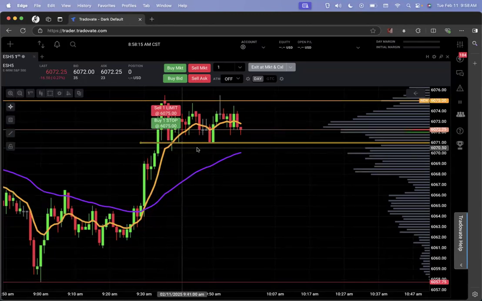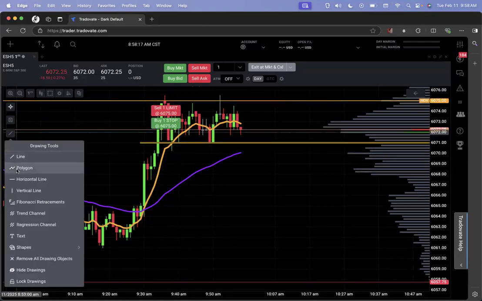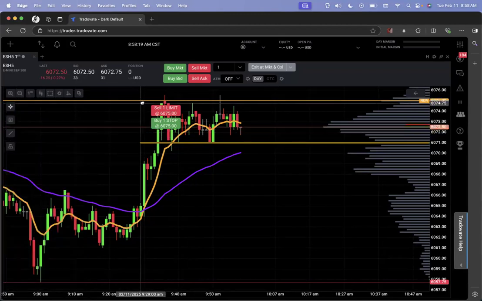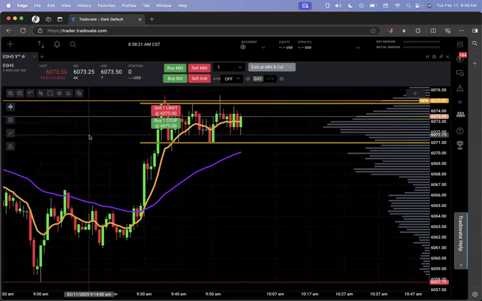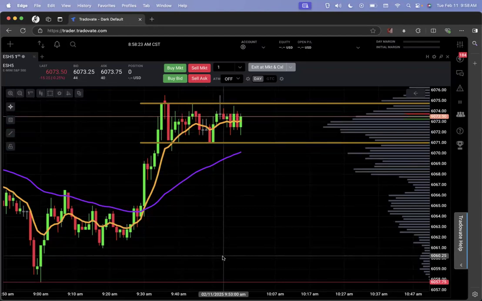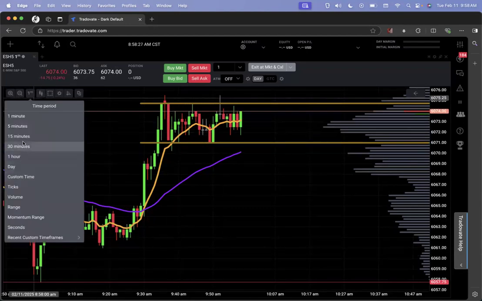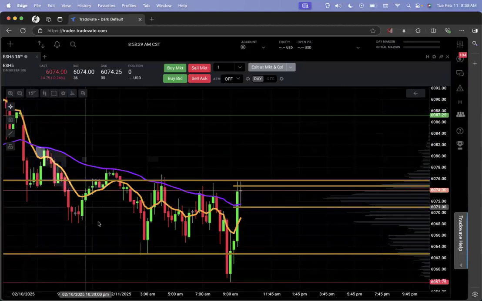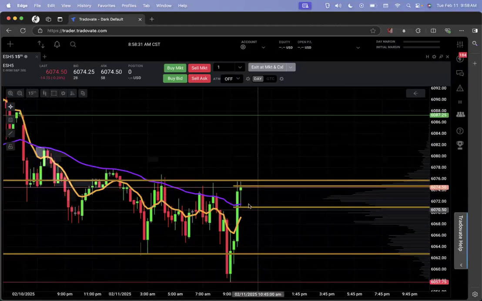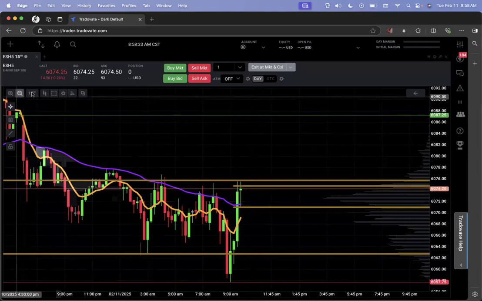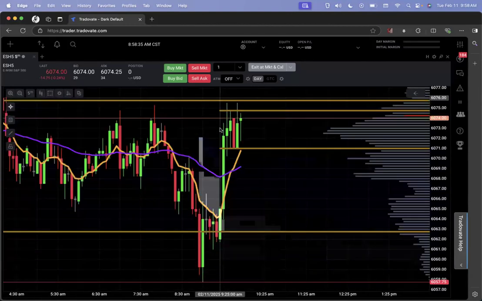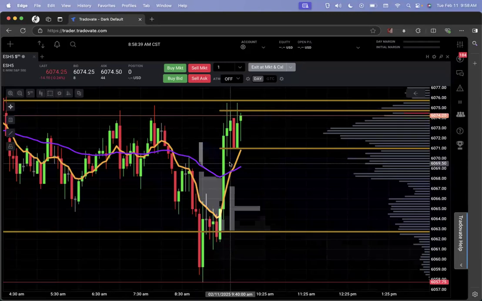Let's see, put that there. Great. So now we have a new range within a range. Let's go back out and look. We've got 2 minutes left. Now we have a range within a range. Let's see what we get.